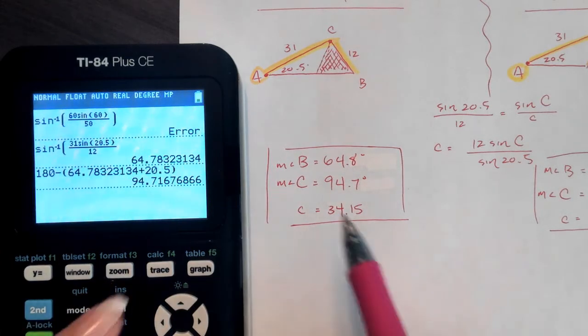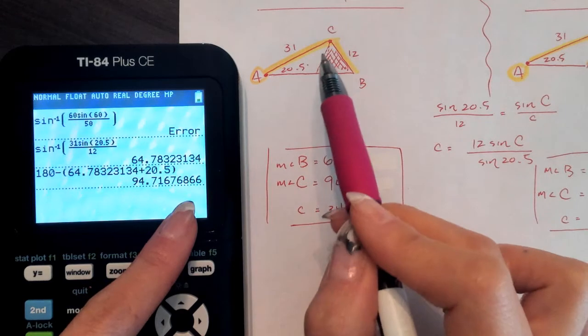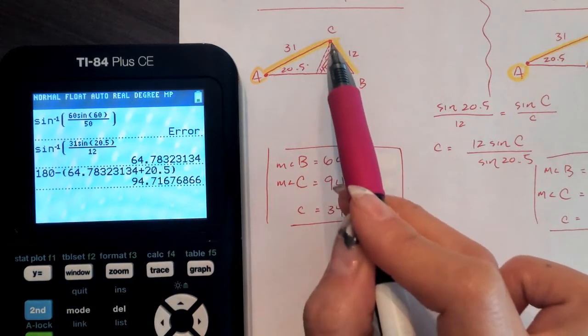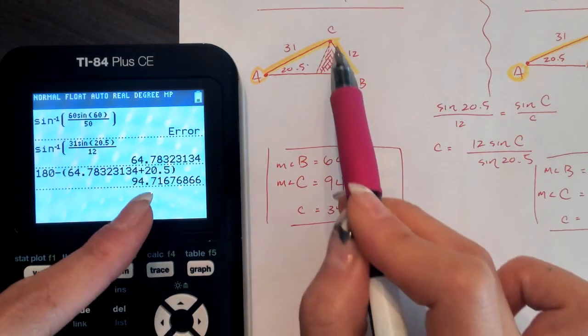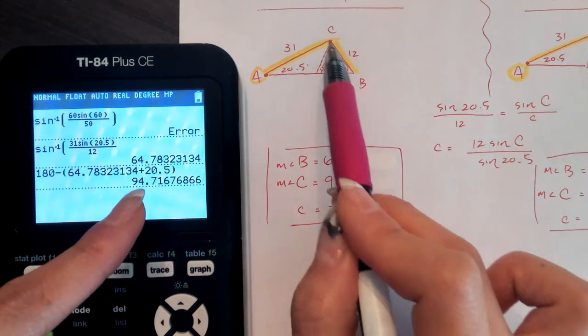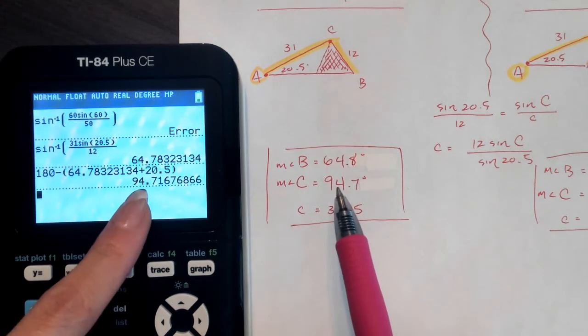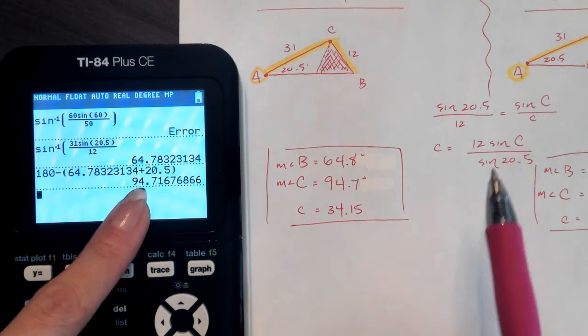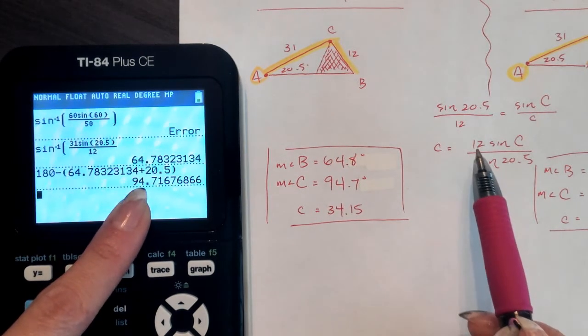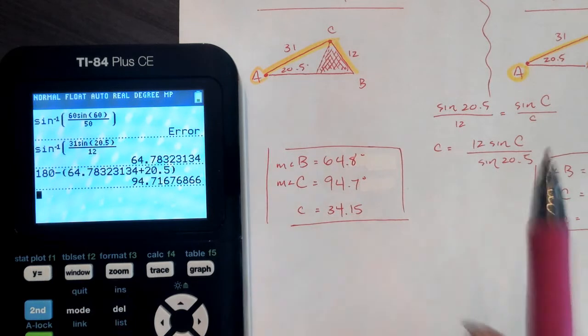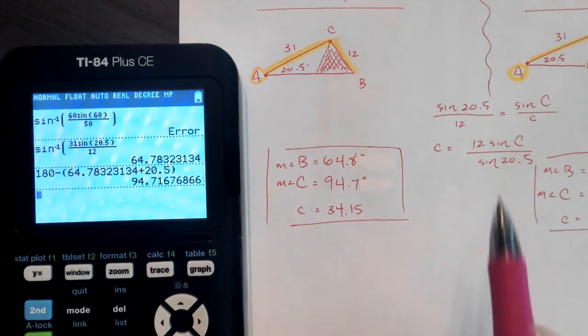So now that gives me my C, which looks like this is a little more than 90 degrees. That makes sense. This is a little more than 90 degrees. I can see it in my picture. Now that I have C on my calculator, I can use this formula. So 12, actually I'm going to make it a fraction, right?